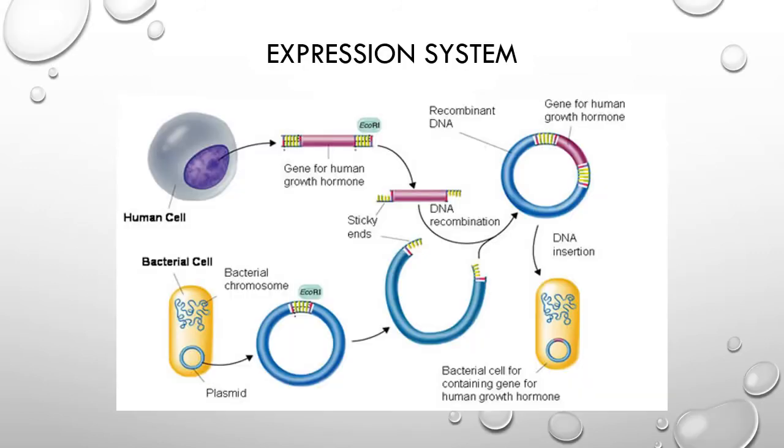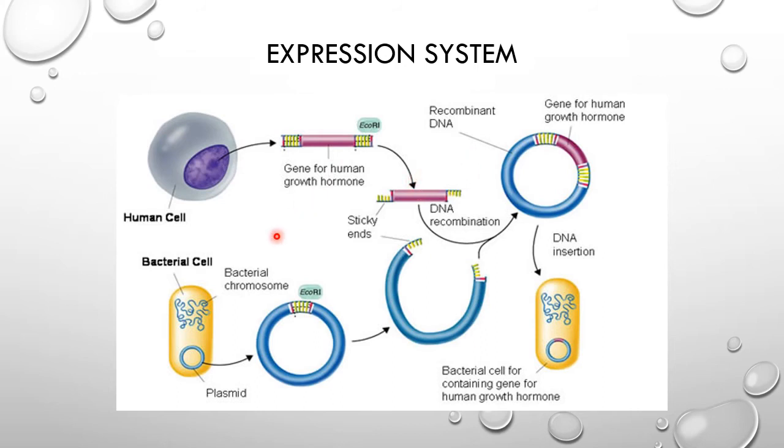What is the expression system? You can see a human cell in which we isolate a gene for human growth hormone, and there is a restriction enzyme called EcoR1 which cuts the gene at a specific site.